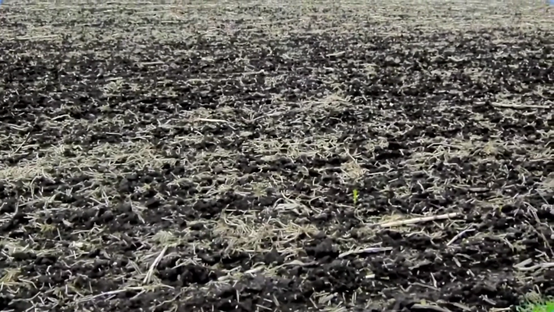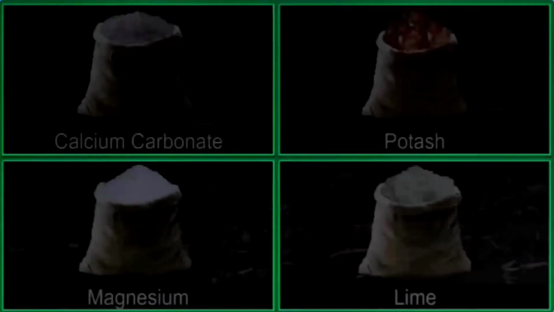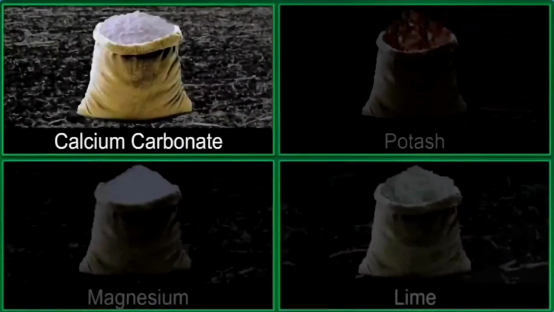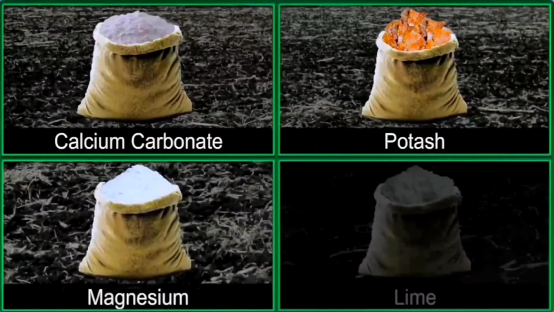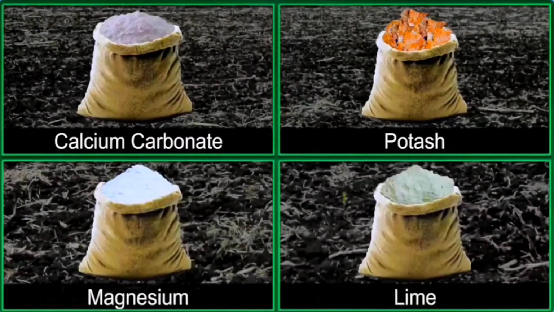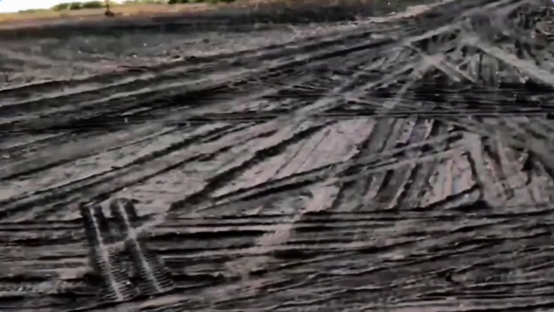Black soil is rich in calcium carbonate, potash, magnesium, and lime. It also has good water absorption properties due to small fine clay particles.